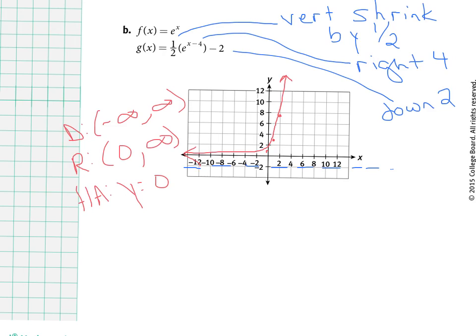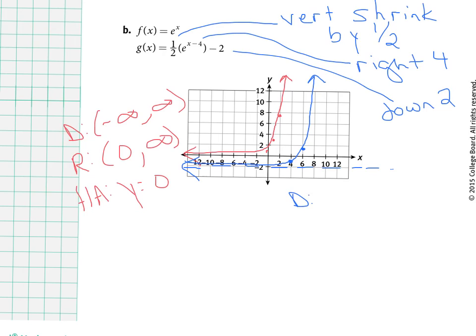So when I plot my points, and I'm going off of my calculator as well, I notice this one gets big really, really fast because all of this is really close to that boundary.